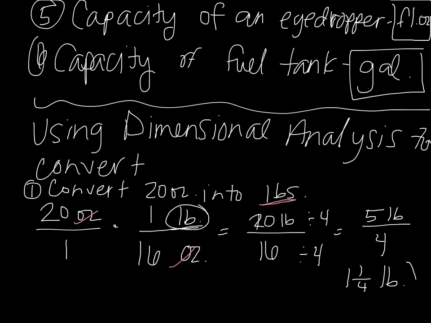I kind of like it better in this way as a mixed number, not an improper fraction, because I just think it looks much nicer. Again, whatever unit you want your answer to be is going to go on the top, by whatever you're multiplying by. All right, let's try some more.